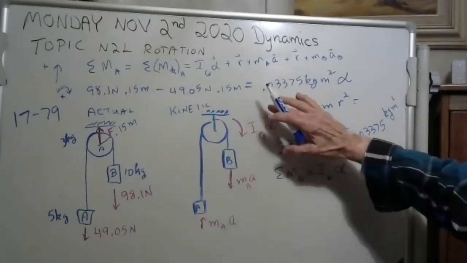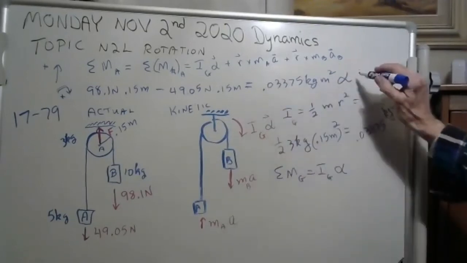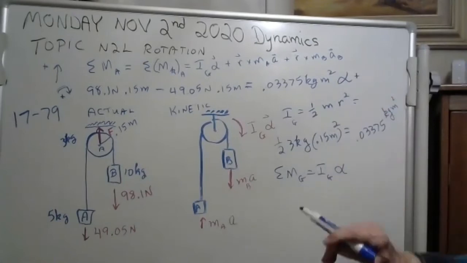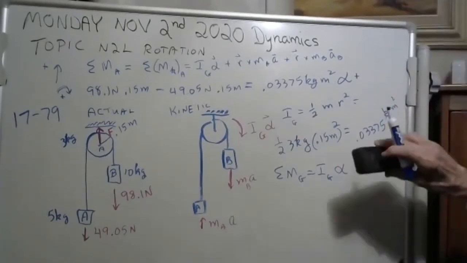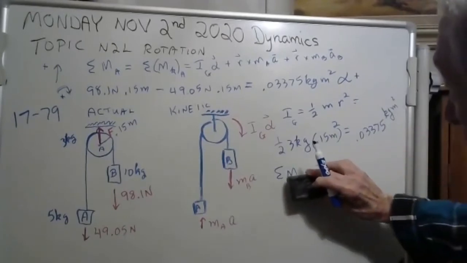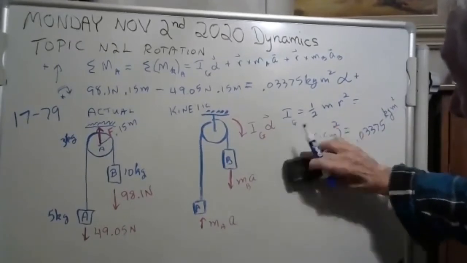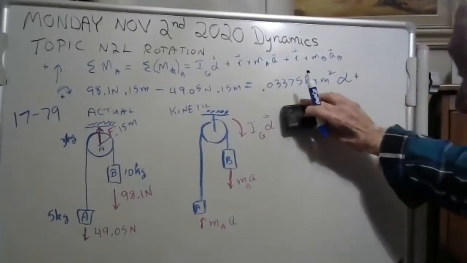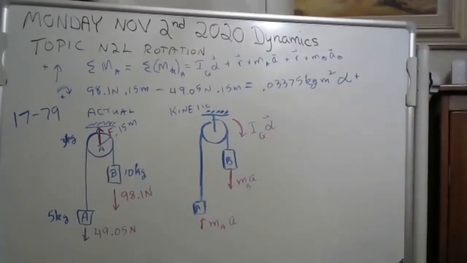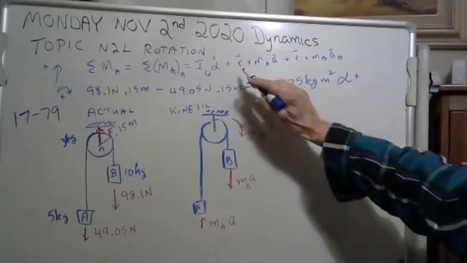Now, what I had here was correct so far, but I'm missing two terms. So let me put those two terms in, and then I'll turn you guys loose to push your buttons on your calculators. What I'm missing here is the R cross MA.